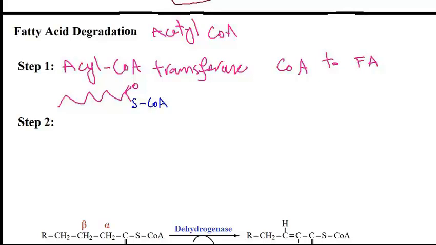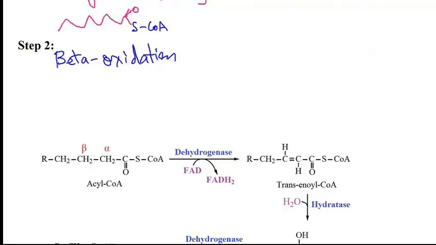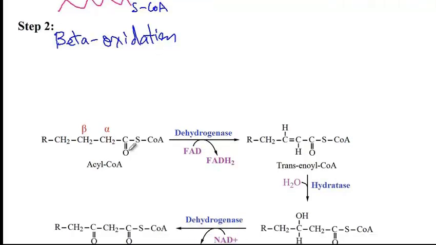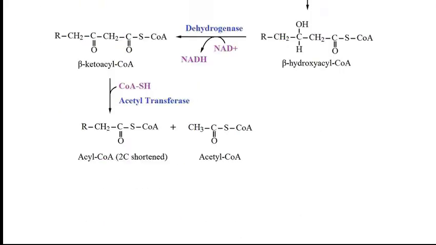And now in the second reaction is where beta oxidation kicks in. So here is the product of the first reaction, acyl coenzyme A, and now acyl coenzyme A will break down into a shorter molecule of acyl coenzyme A, which is 2 carbon shorter, and an acetyl coenzyme A. And now this acetyl coenzyme A can be functioned in many different processes.